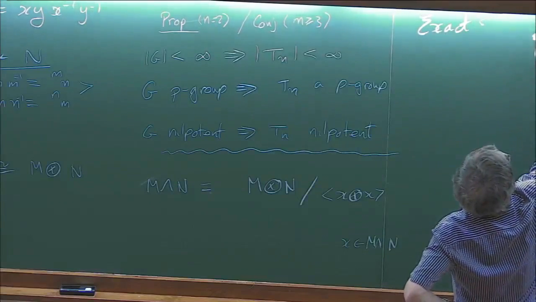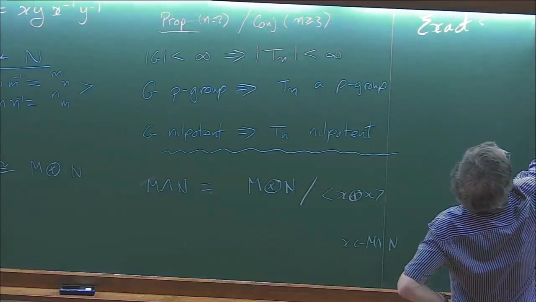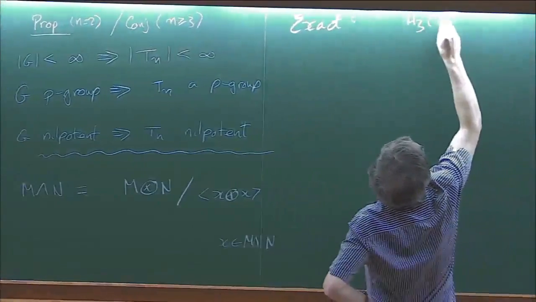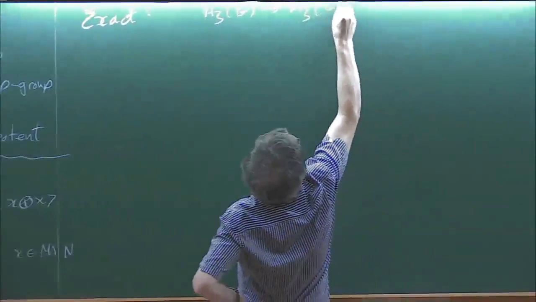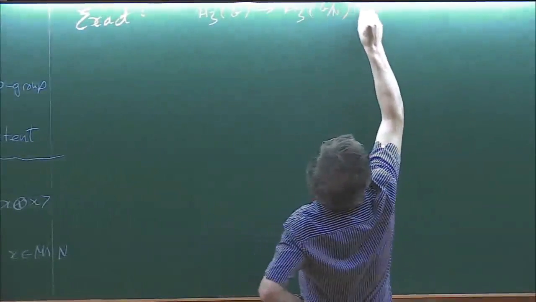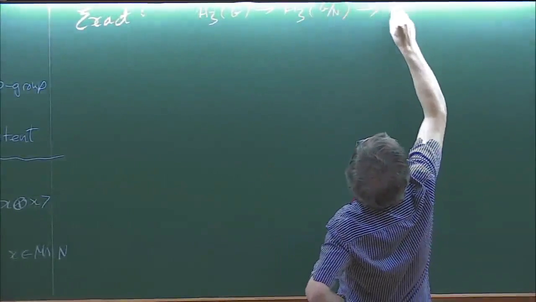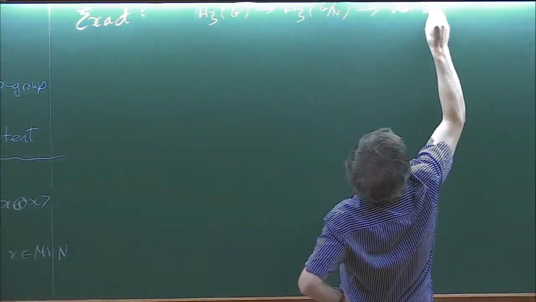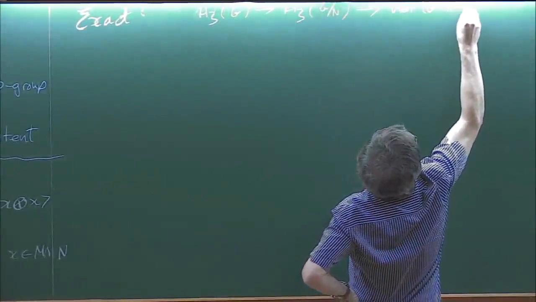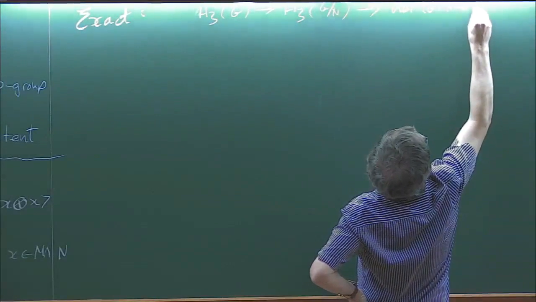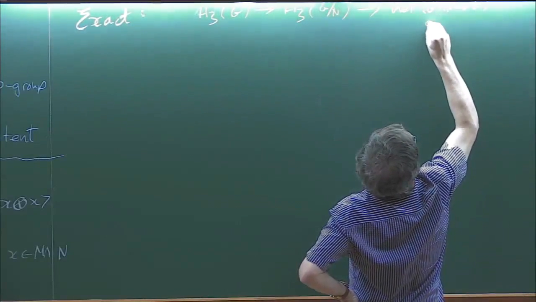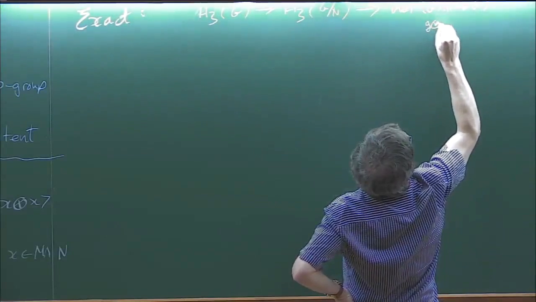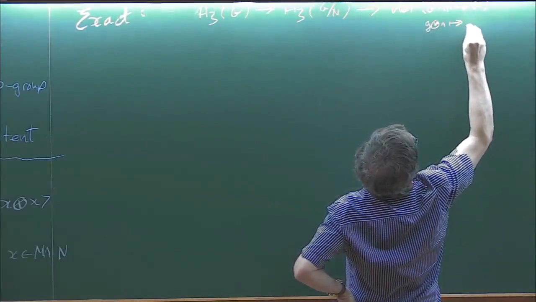if you take your normal subgroup N in G, and if you look at the third homology of G, there's a natural map to the third homology of the quotient, and then there's a map to the kernel of the map from the wedge product down to G, which sends a generator to the commutator.